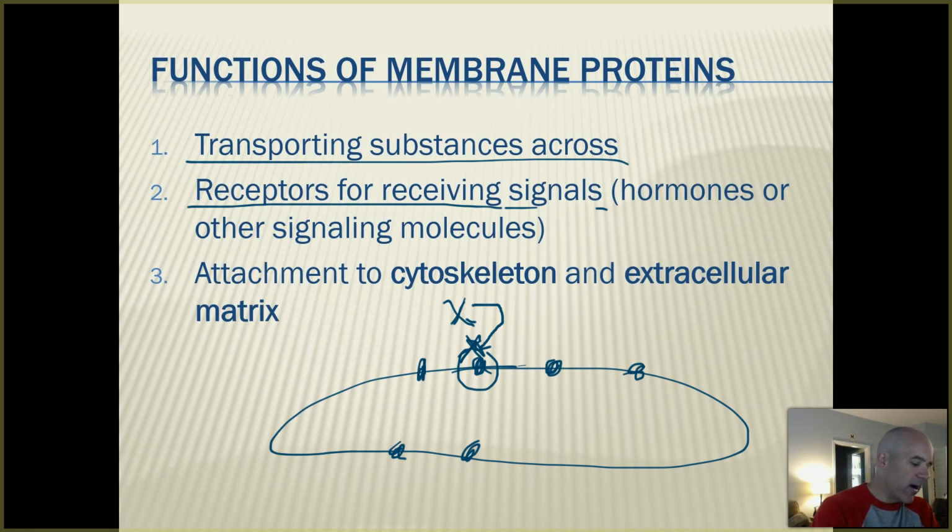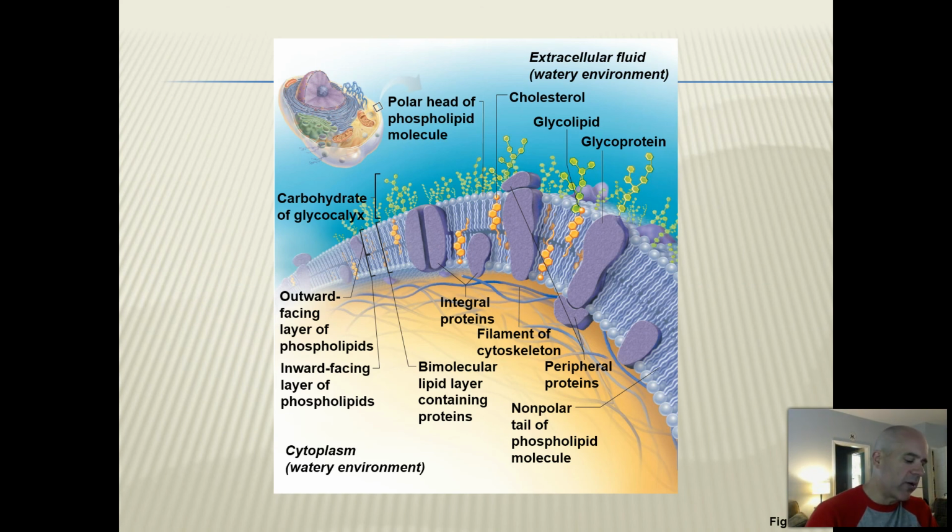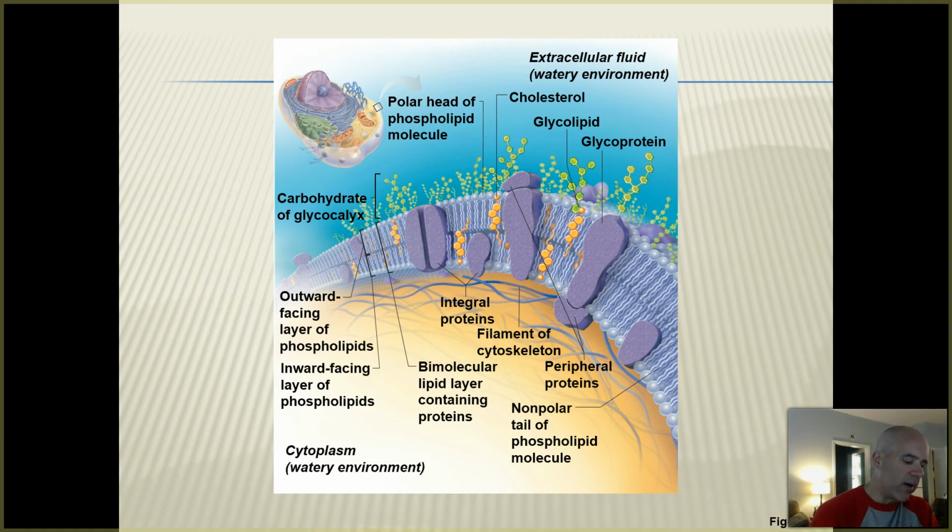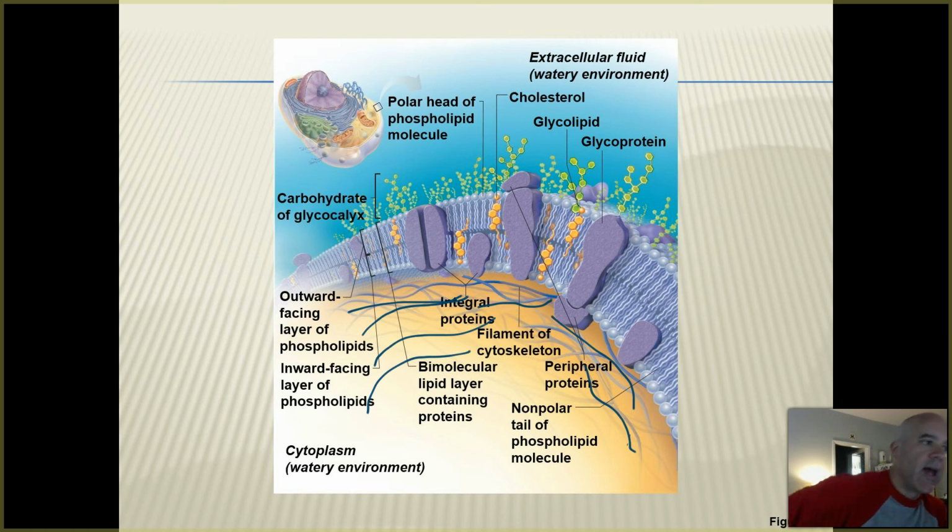And then finally, attachment to the cytoskeleton and extracellular matrix. Let's back up over here and take another look at this diagram. If you notice, on the inside of the cell here you've got all these little protein threads or filaments. Filament is another term for thread. Those are built from proteins, and they make up what's known as the cytoskeleton.